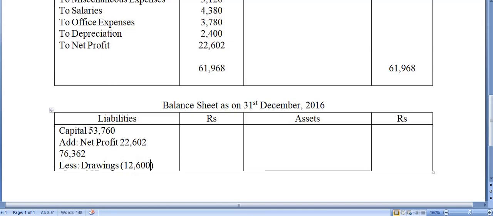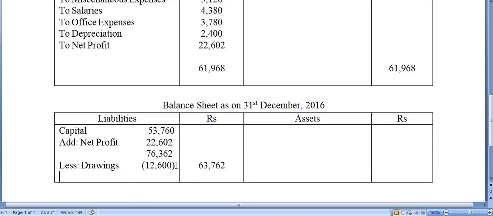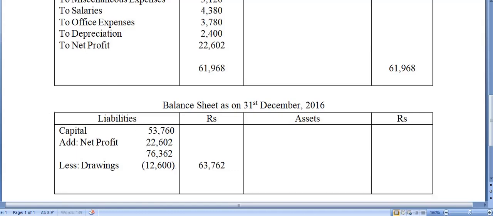So let us arrange them properly first. Minus 12,600. The ultimate amount would be 63,762. I will draw lines afterwards. No, let me draw right now.